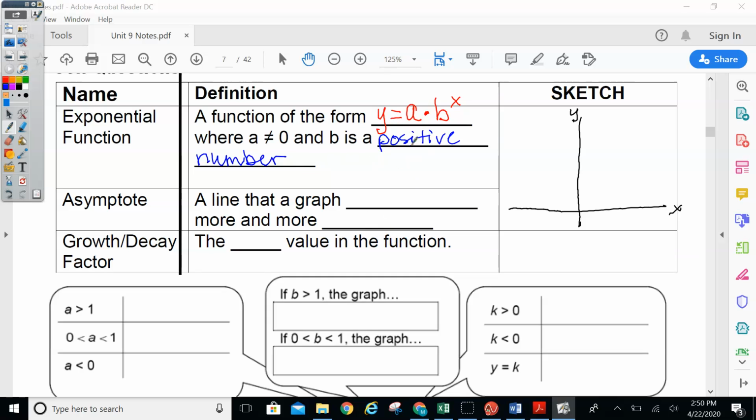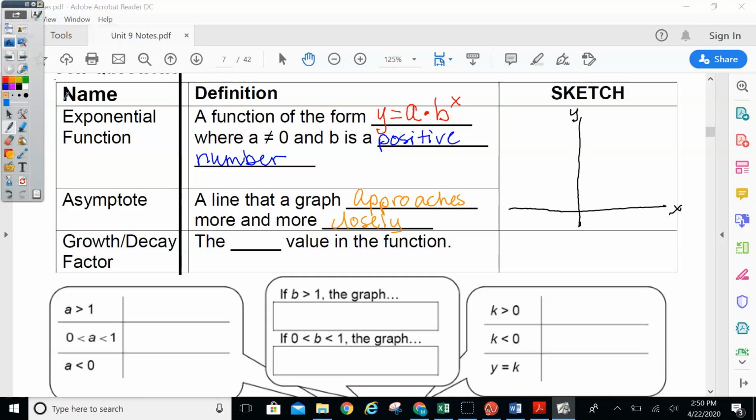It can't be negative because exponential functions aren't going to look like this if it's a negative number. Okay, we are going to have asymptotes here. An asymptote is the line that the graph approaches more and more closely. It's going to get closer and closer to it, but it's not actually going to touch it.